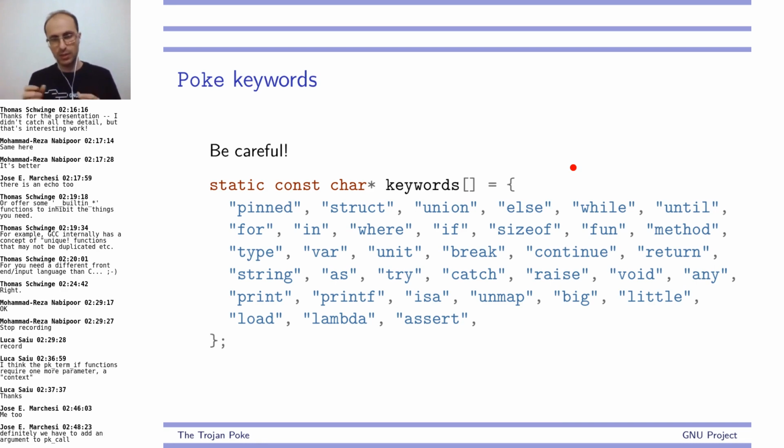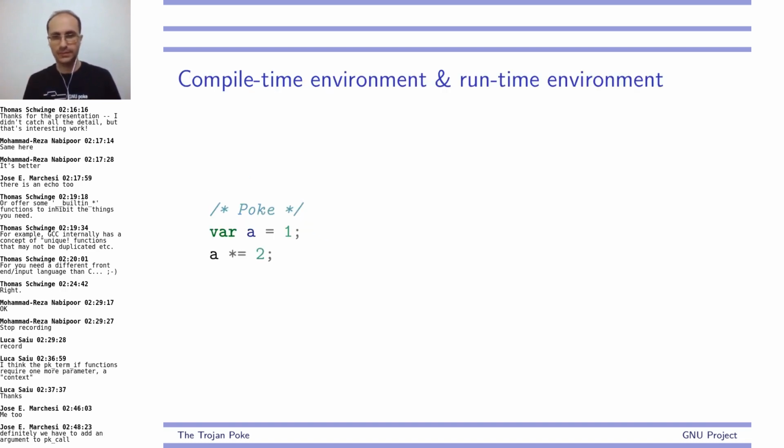If you're generating the code like the GDB example, we have to somehow normalize these things. Be careful.